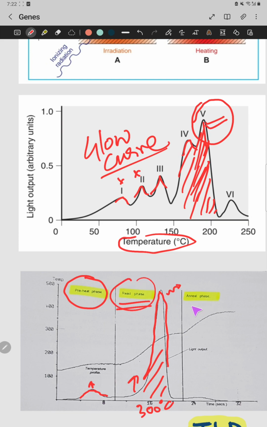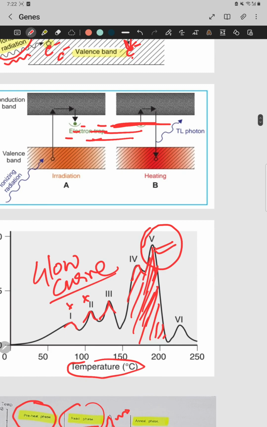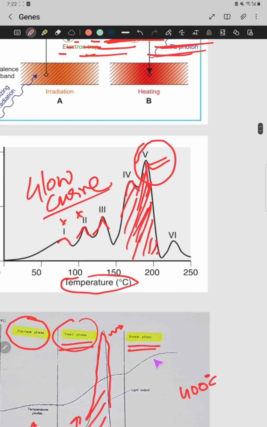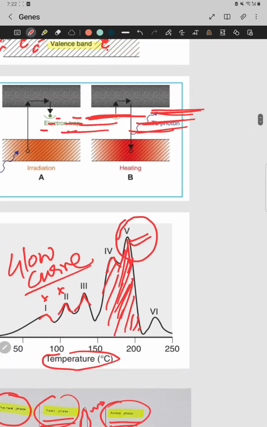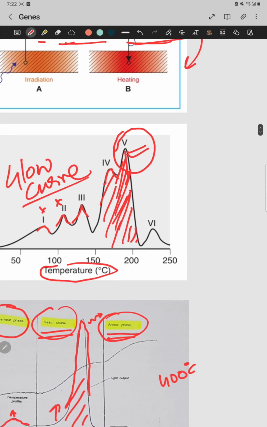Then in the annealing phase, they heat up to 400 degrees Celsius to remove everything in the forbidden band. So all the electrons in the forbidden band go back to the valence band, and it can be reused again.